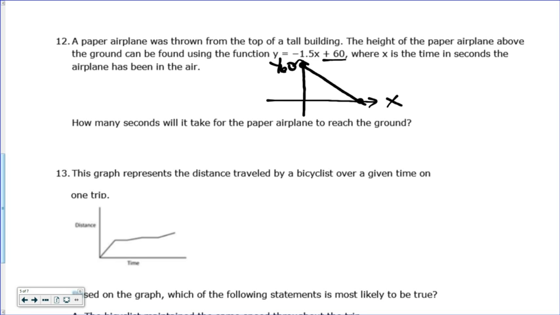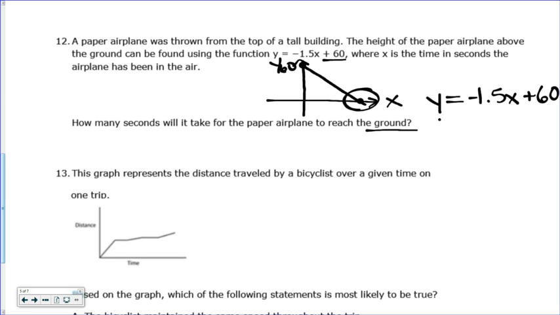By reaching the ground, if I'm looking at this ordered pair right here, I'm looking for at what value of x is my y 0. I'm looking for the 0 for this function. So what can I plug in for x to get y to be a 0?